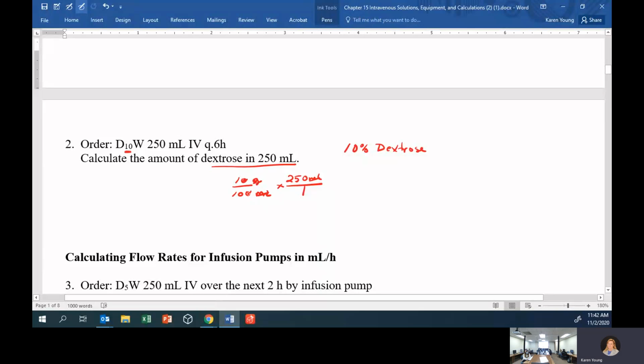Cancel a 0 here and a 0 here. I can also take this 0 and cancel this 0. So I have 25 grams in 100 milliliters. No, that's not right. 250 milliliters. Why does my pen always want to do this to me?